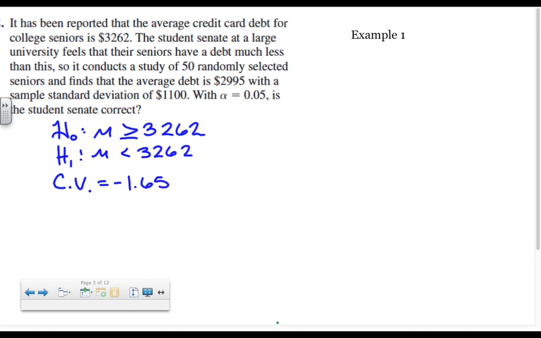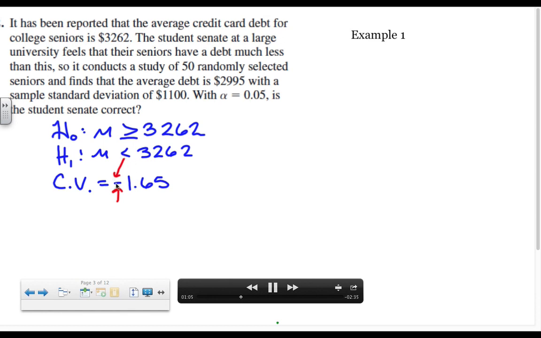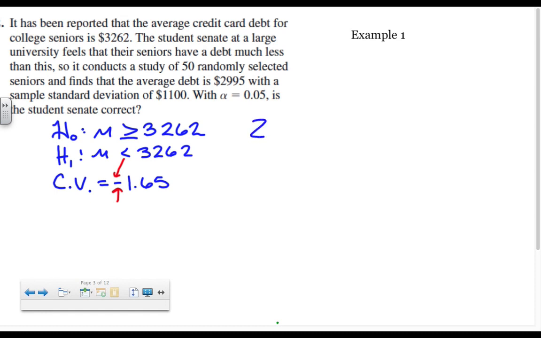It's less than, so we want it to be a negative number, okay? With alpha equals 0.05. That's how you know: if it's less than, it's going to be negative. If it's greater than, it will be positive. So at alpha equals 0.05, my critical value is negative 1.65. And so if my number is less than that, then my data is correct.